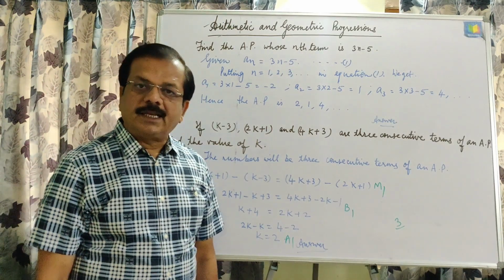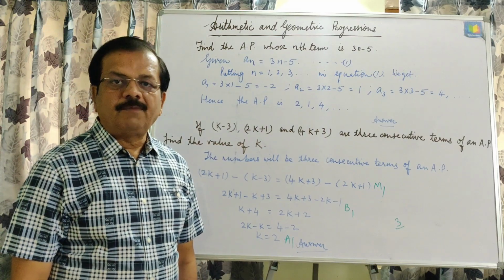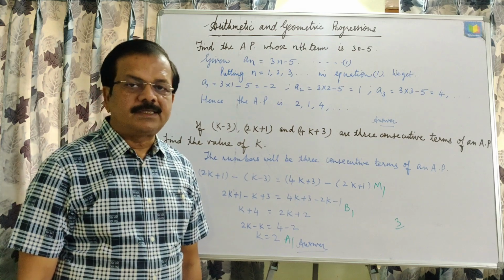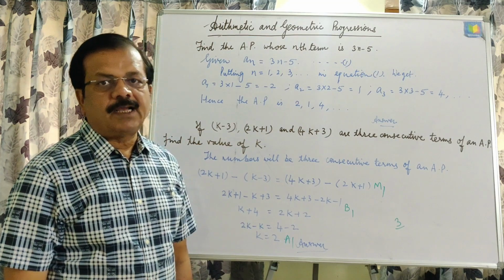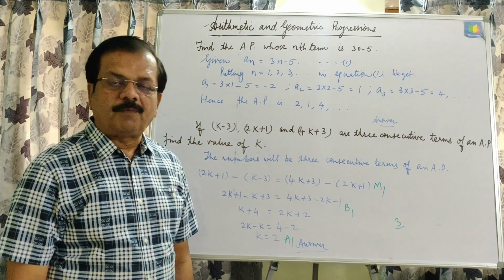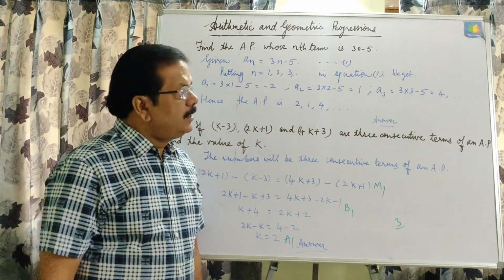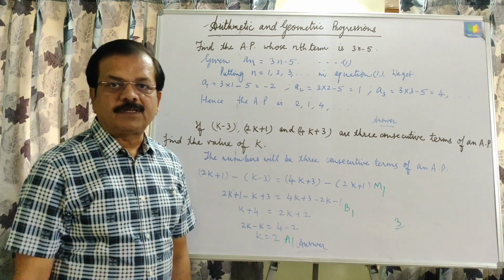If r is greater than 1, then we take a (r to the power n minus 1) upon (r minus 1). If r is less than 1, that is the common ratio is less than 1, then a within bracket (1 minus r to the power n) upon (1 minus r). Okay, and these are the formulas up to your syllabus.